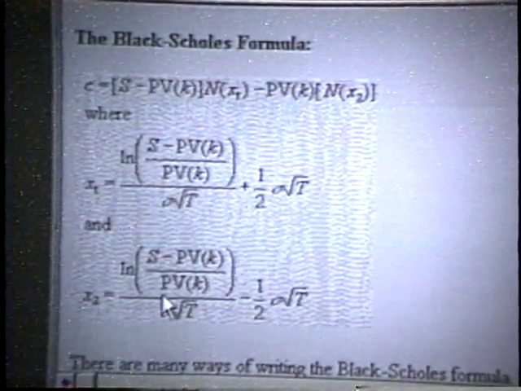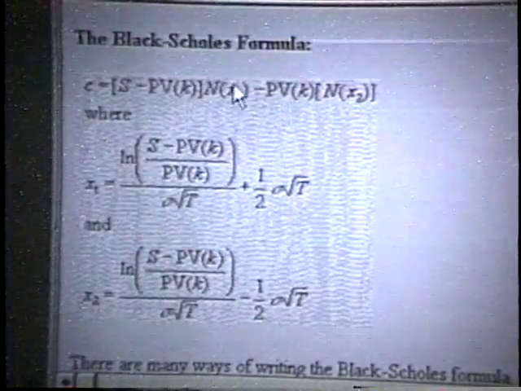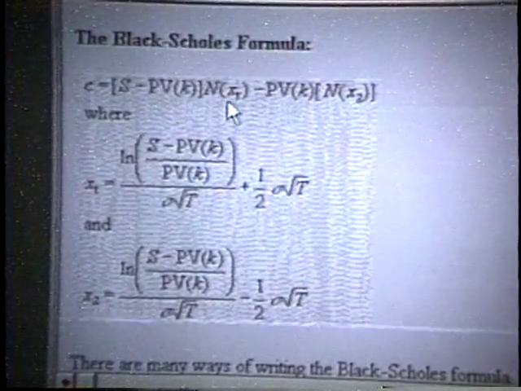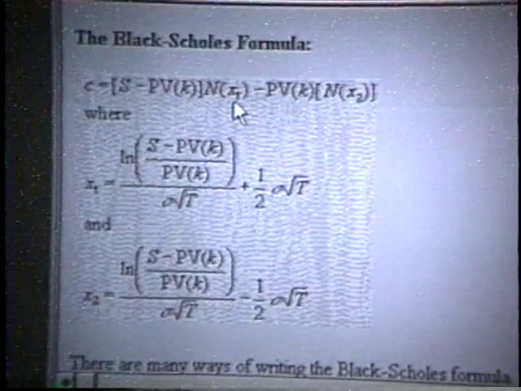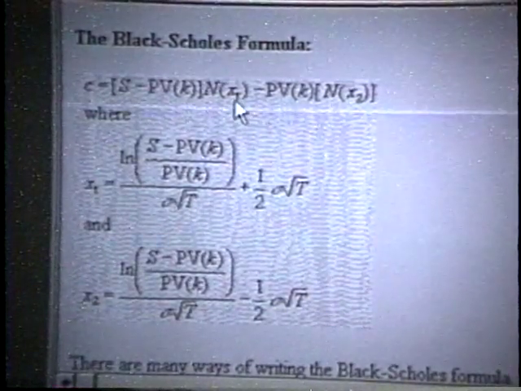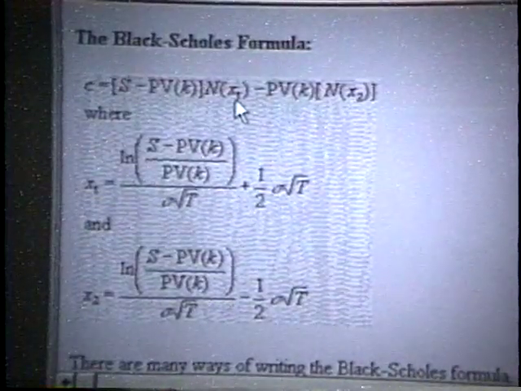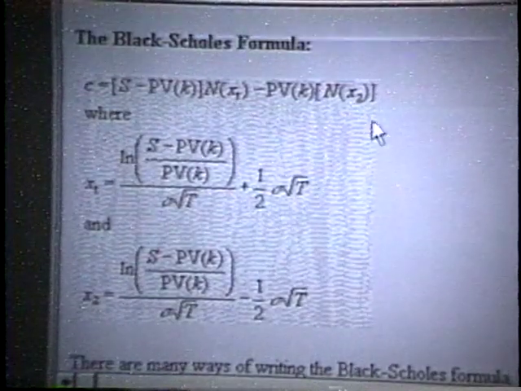Okay. So now let's plug in. The cumulative normal for a standardized normal distribution for a value of 3. What does that equal? Almost 1. 0.999. And 2.9.